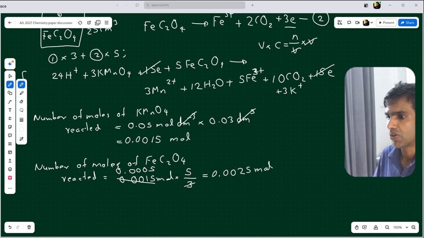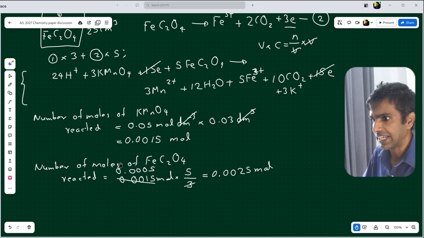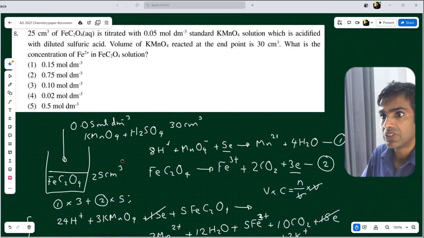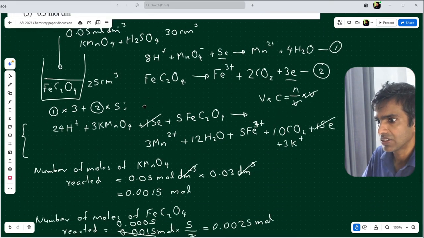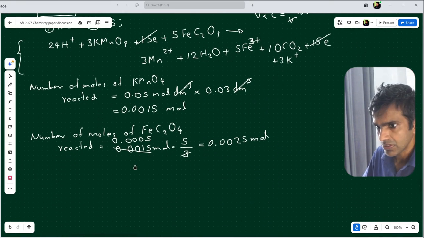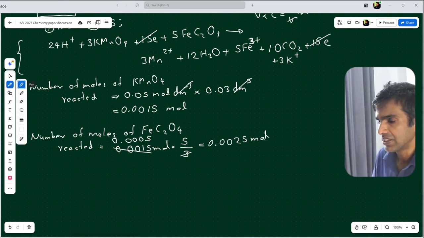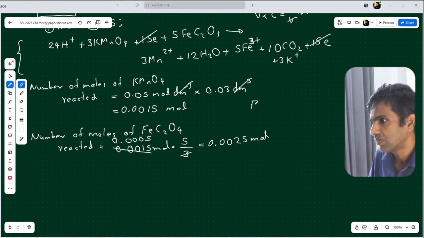So that is the number of moles of ferrous oxalate reacted. We need to calculate concentration of ferrous ions in ferrous oxalate solution. So we know that when we consider 1 mole of ferrous oxalate, it contains 1 mole of ferrous ions and 1 mole of oxalate ions.